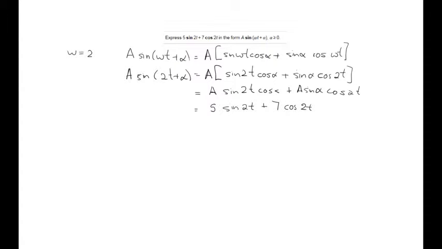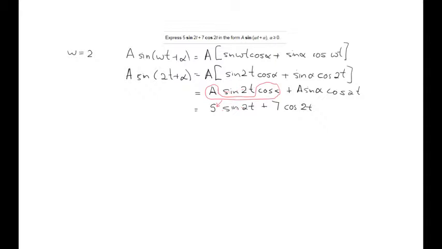Now let's just change colour here. You can see the sine 2t, that's easy, so I'm not going to cross it out, but it's just dotted out. What we've got left is a cos alpha, so a cos alpha must be equal to 5.